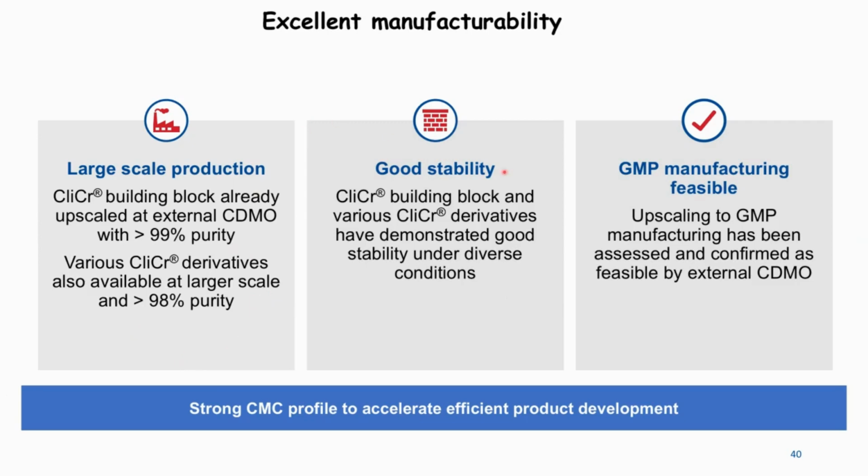And the stability of these building blocks, TMTHSI, but also the subsequent building blocks, as I told you, are very good under diverse conditions. It means that manufacturing and upscaling is possible, and that has been confirmed by the external CDMO.